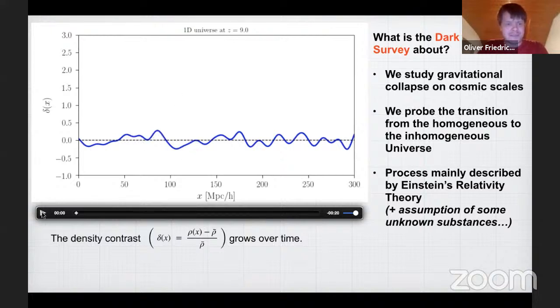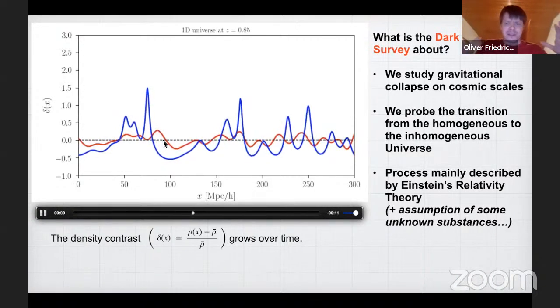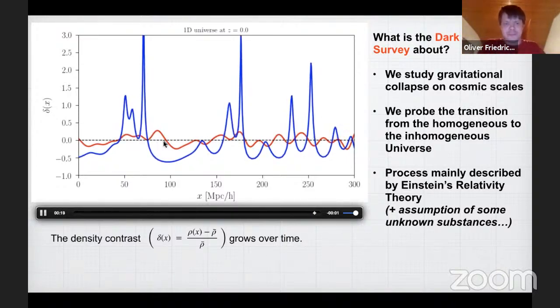But as we turn on gravity, what's happening is that regions that are initially overdense, as for example, this lump that you see here, will, by the power of their gravity, attract matter from their surroundings and become even more overdense and grow and eventually collapse and form these highly overdense peaks that you see here in the end, in, for example, this blue peak here. And such a peak would, for example, represent a cluster of galaxies. So this would be where you would find really many objects if you look at the sky.